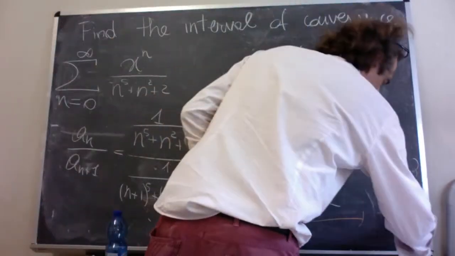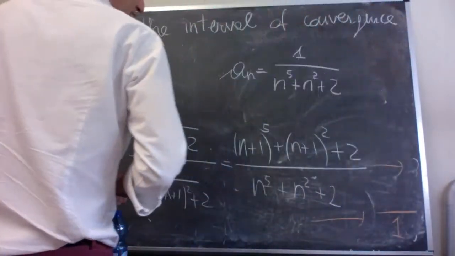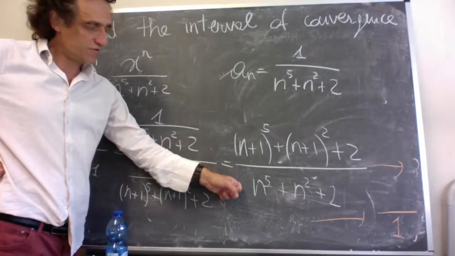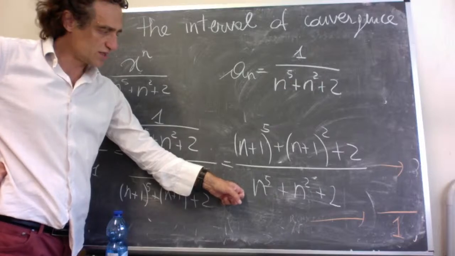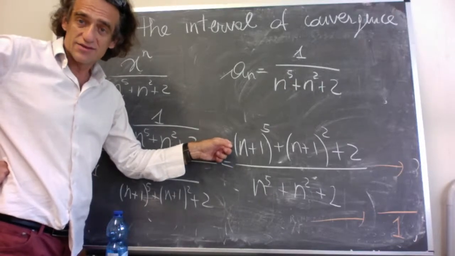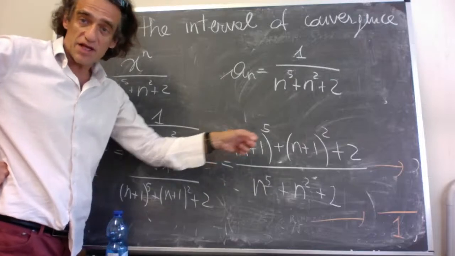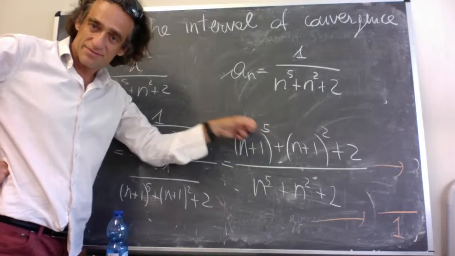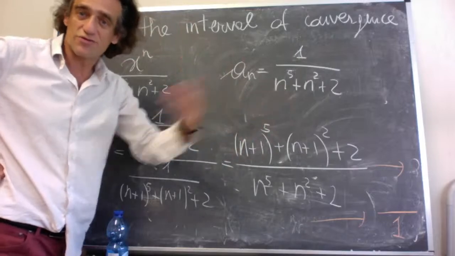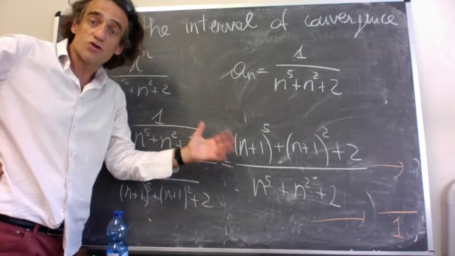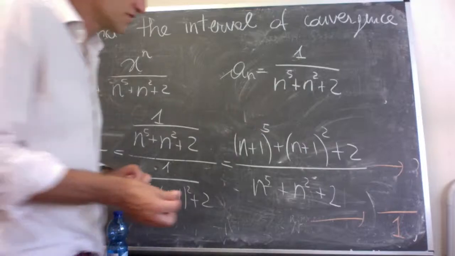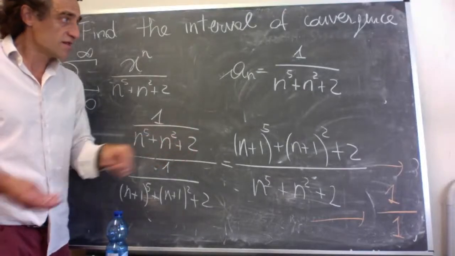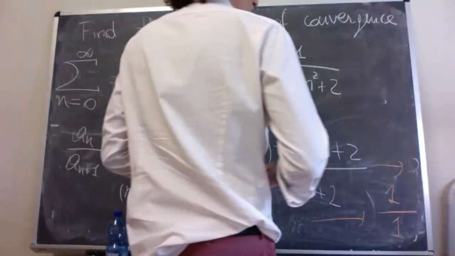At the numerator there is 1, and at the denominator there is 1, because the coefficient of n to the 5th here is 1. And at the numerator there is 1 too, because when you develop n plus 1 to the 5th power, what you find is n to the 5th plus 5 n to the 4th, and so on. But what counts is only the coefficient of n to the 5th, so it is 1. So this limit exists, and the radius of convergence is again 1.